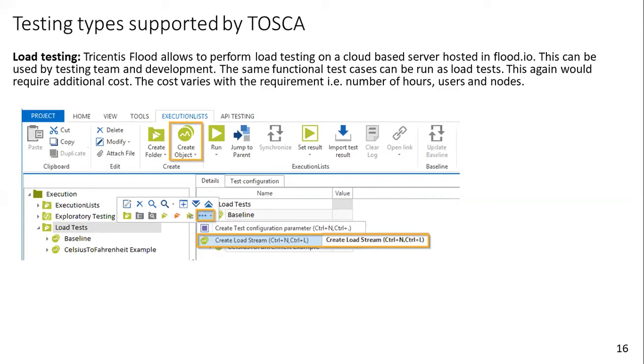So this is an advantage for an organization because they need not maintain, like most people might know that for performance testing, the only tool in the market which is ruling is LoadRunner. For LoadRunner, you need to purchase licenses for the whole year, and performance testing happens only once or twice a year.